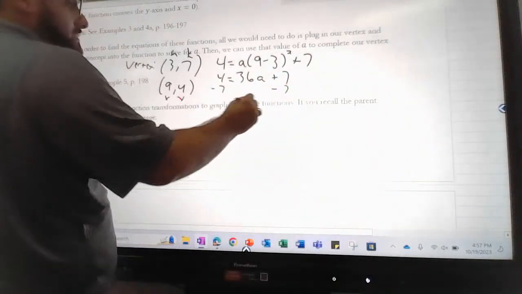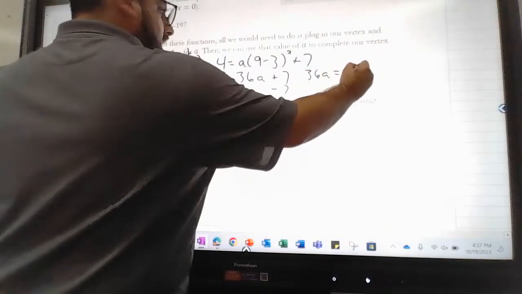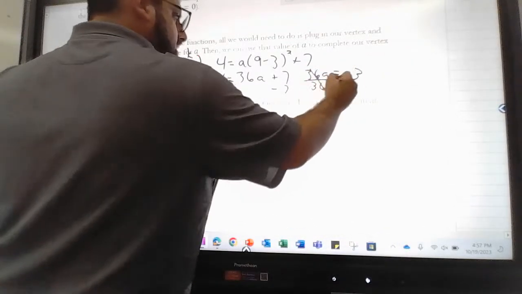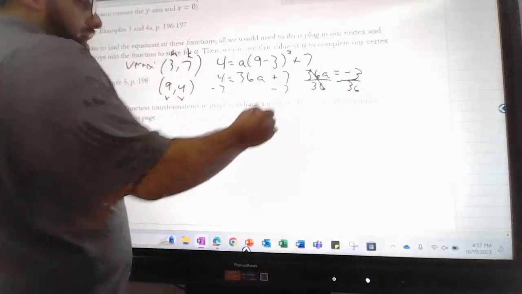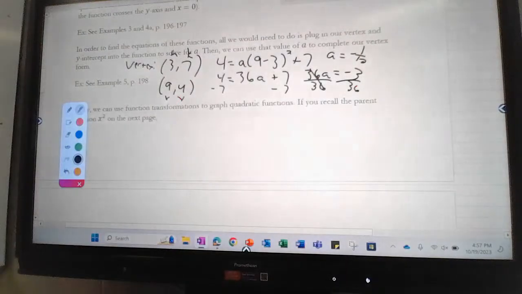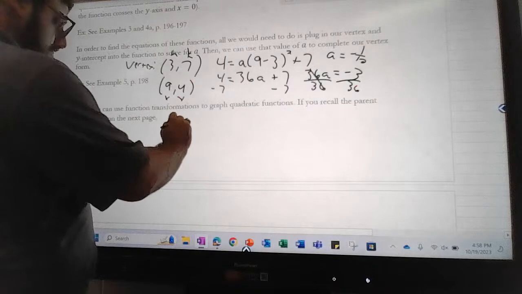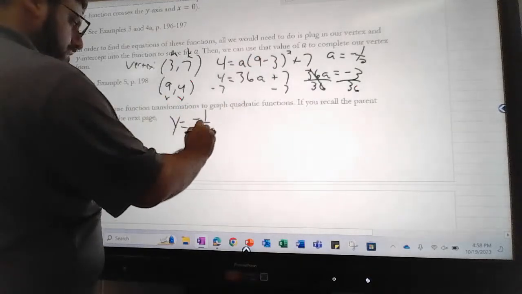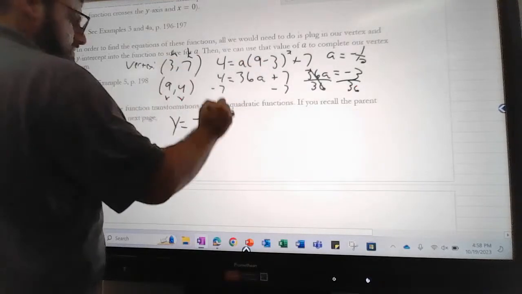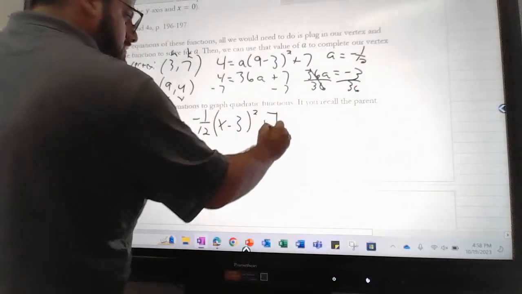Subtract 7 on both sides. 36a equals -3. Divide both sides by 36. Reduce that fraction. My a ends up being -1/12. So the vertex form for this problem would be y equals -1/12 times x minus 3 squared, plus 7.